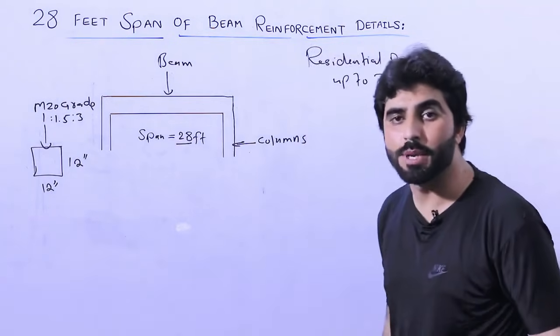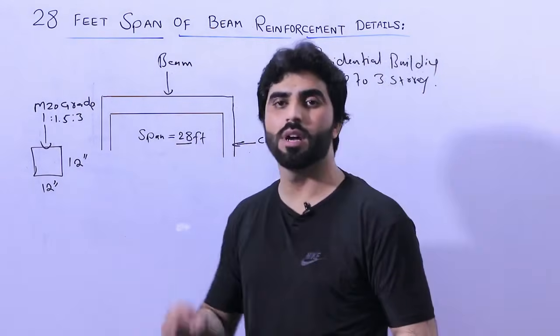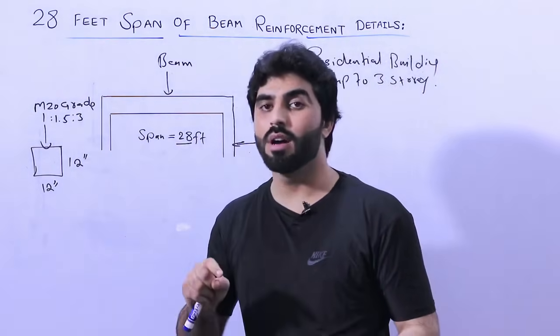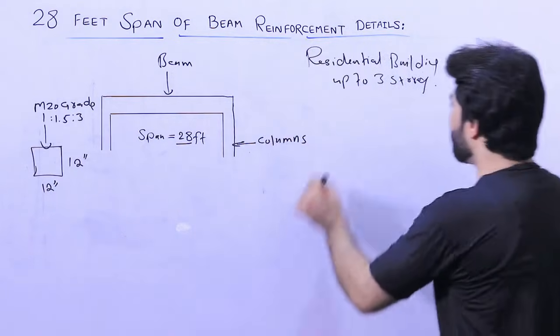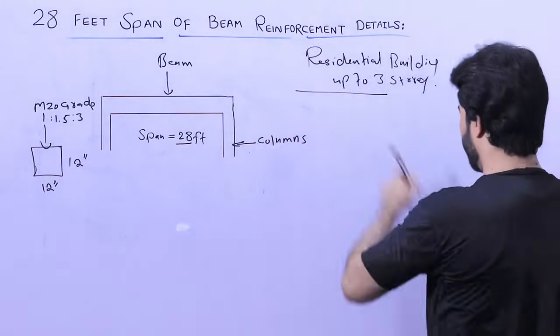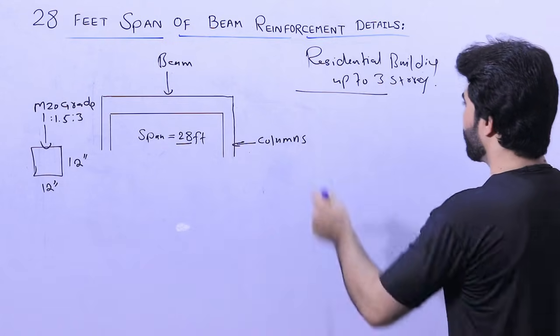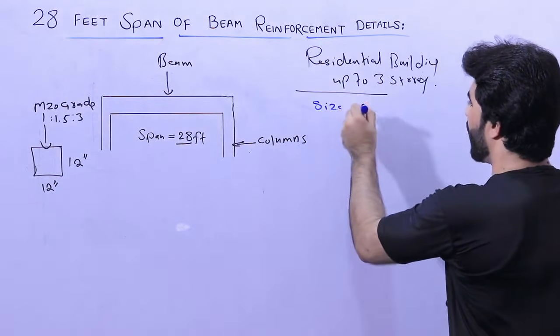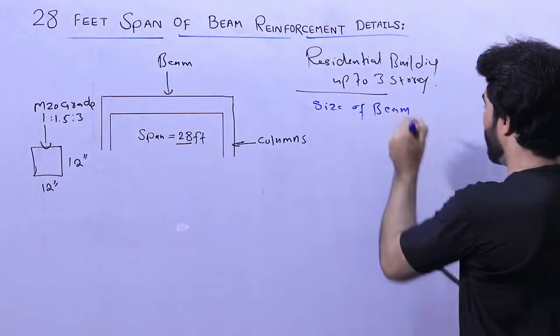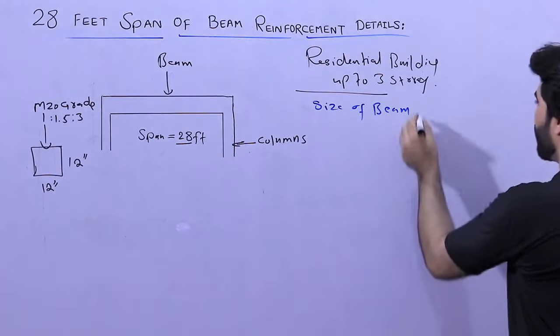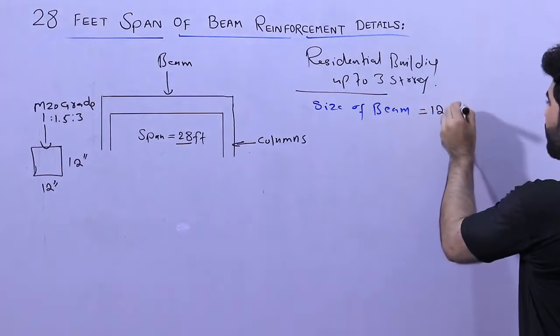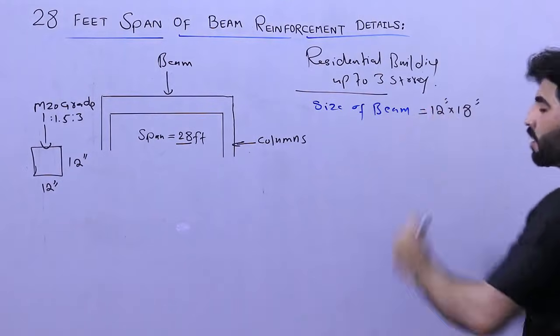Now I am talking about the beam span, which is 28 feet. What should be the size of beam and inside steel reinforcement up to 3-story for a residential building? The size of beam is 12 by 18 inches.